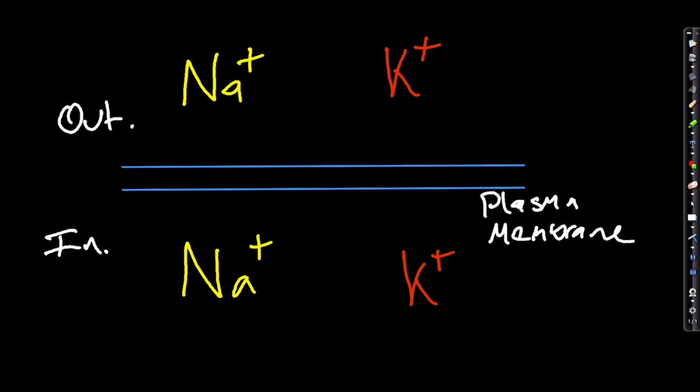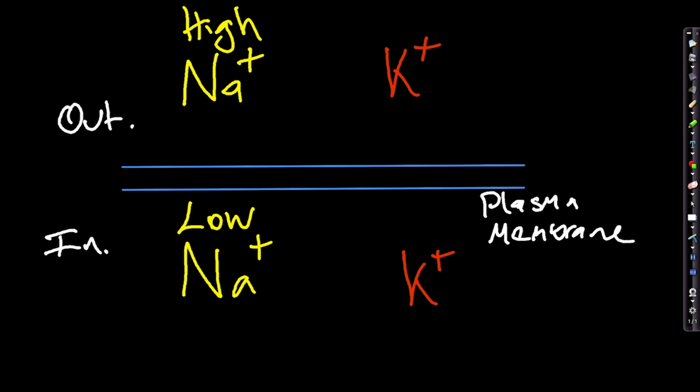However, and this is the key point, in a neuron, what you always find is that there is a very high concentration of sodium ions outside the neuron and a low concentration of sodium ions carrying positive charge on the inside.